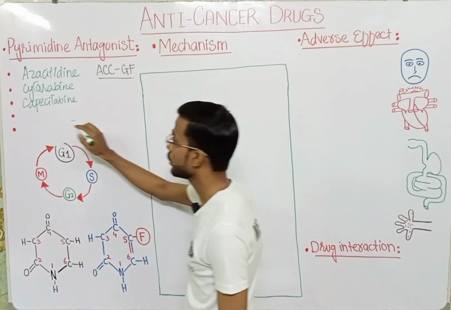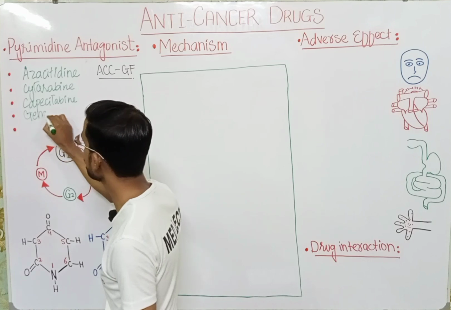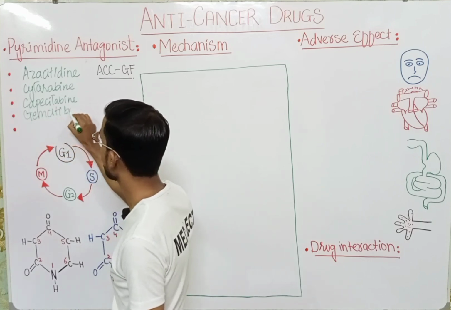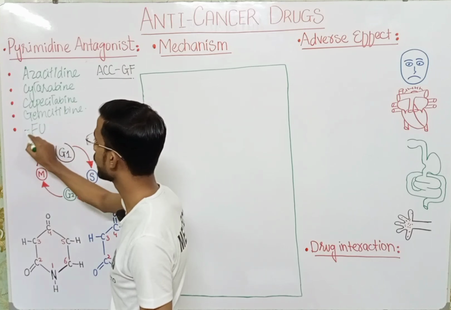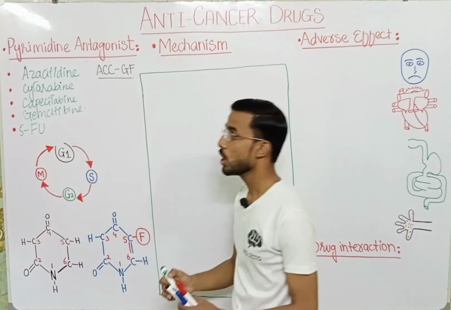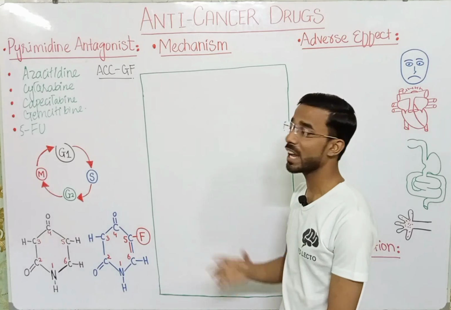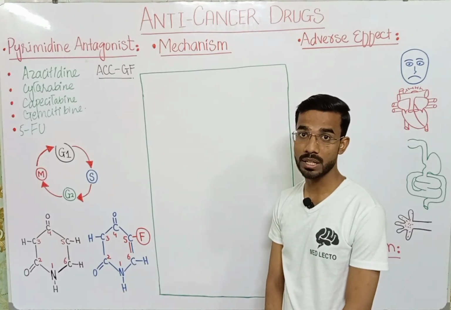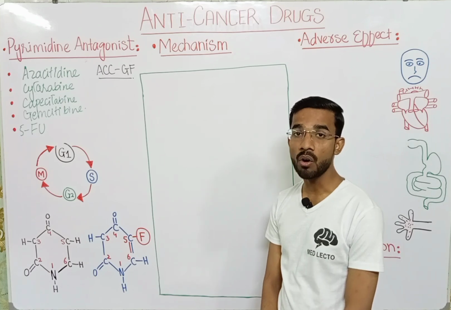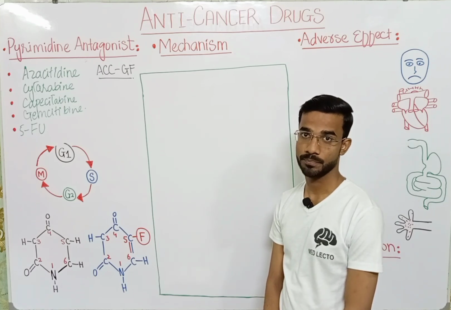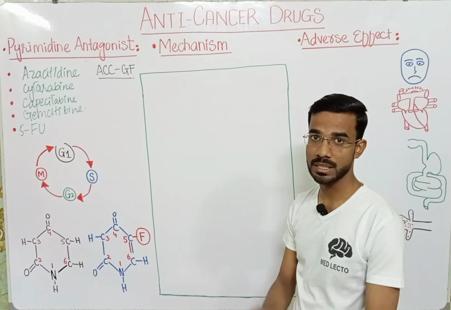G for gemcitabine, and last is fluorouracil, 5-fluorouracil. So these are basically the 5 pyrimidine antagonists. It means they will affect or block the pyrimidine. How? We will discuss it later.